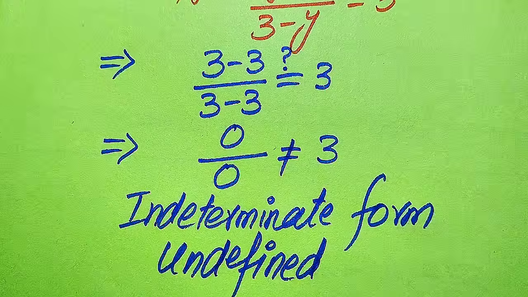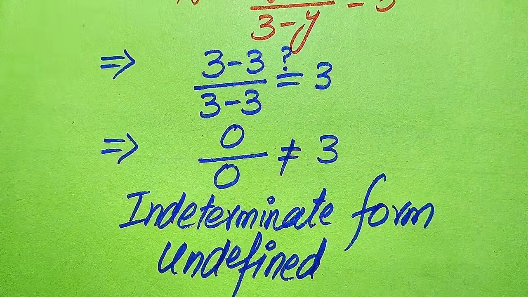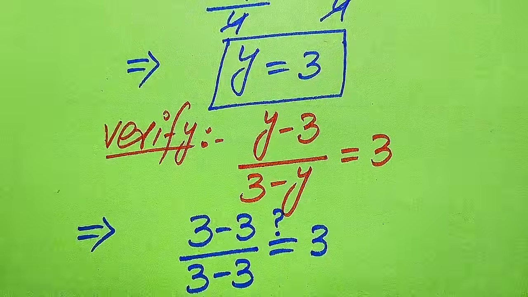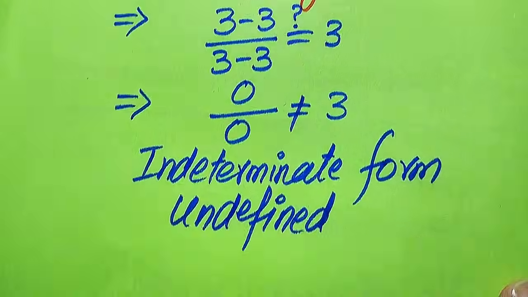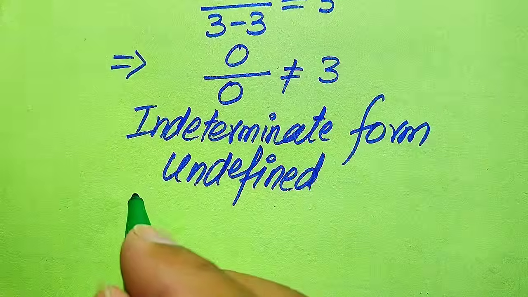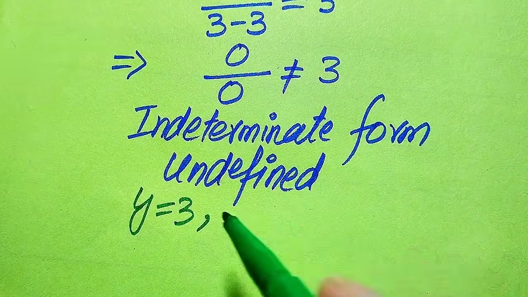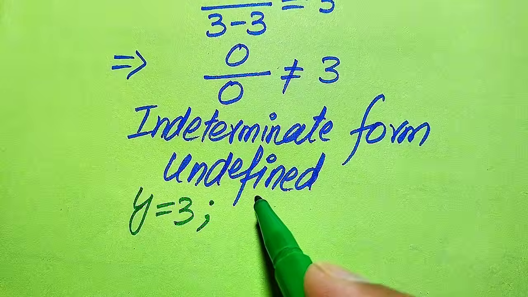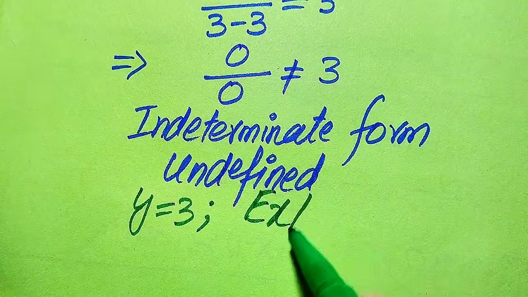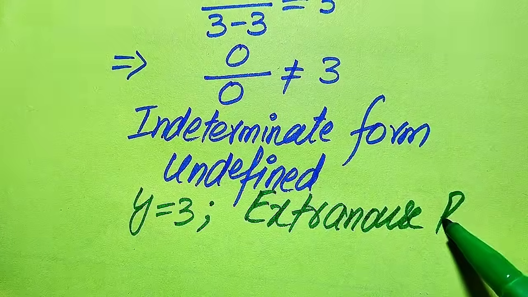If both of the sides are not equal, we conclude that the value y equals 3 does not satisfy our given question statement. So we call y equals 3 the extraneous root of the given equation.